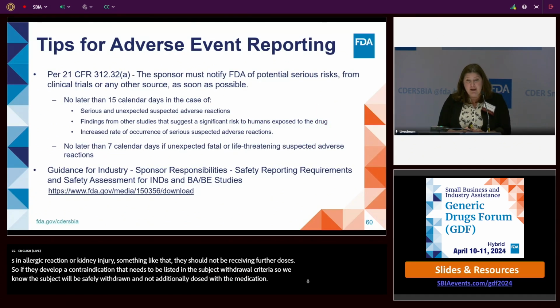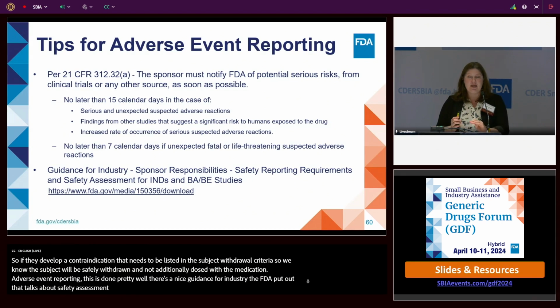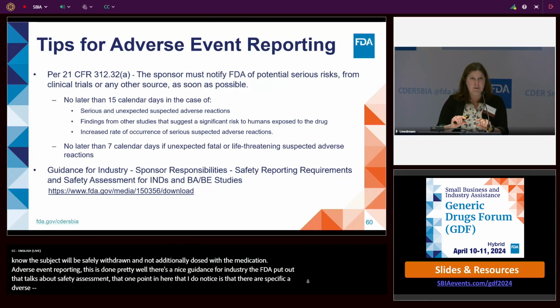Adverse event reporting. This is actually usually done pretty well. There's a really nice guidance for industry that the FDA put out that talks about safety assessments. The one point in here that I do kind of notice is there are specific adverse event reporting requirements for Bio-INDs. They're going to be submitted for marketing to the FDA, so you need to report those to the FDA, and with a timeline.